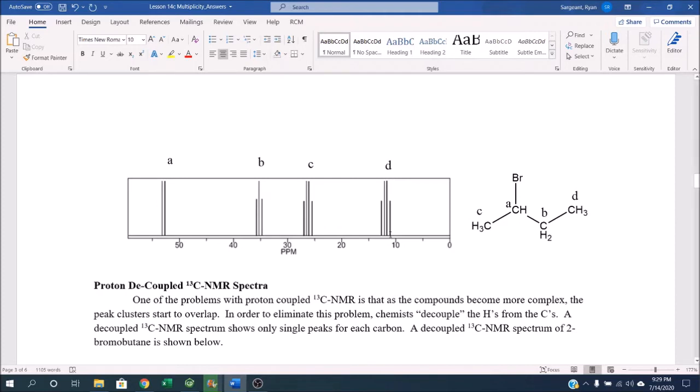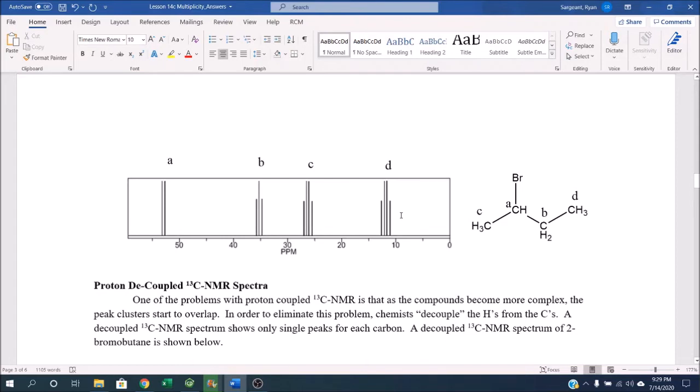And this creates a problem because every time you run any type of experiment, there's going to be some background noise. It's based on random fluctuation of radio waves in the universe, slight impurities in your compound. And if you start taking these peaks for a carbon-13 NMR and then splitting them, it actually makes them shorter and shorter and shorter, and they start to hide out in the noise.